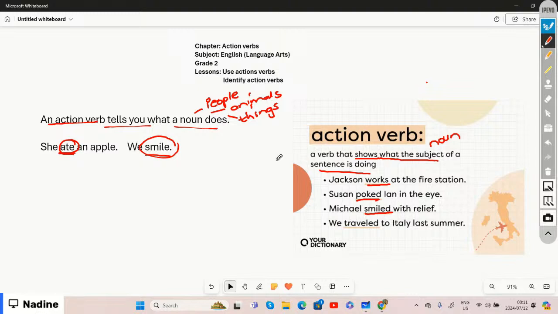And the last one says, we traveled to Italy last summer. So now the question is, what did we do last summer? Traveled is our action verb. It tells us what we did last summer.